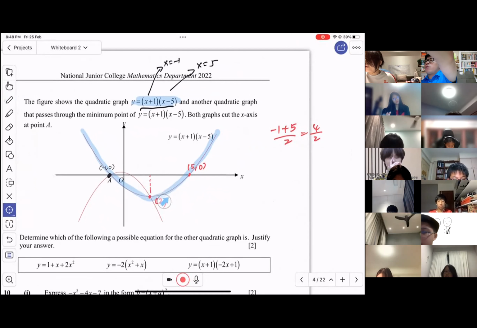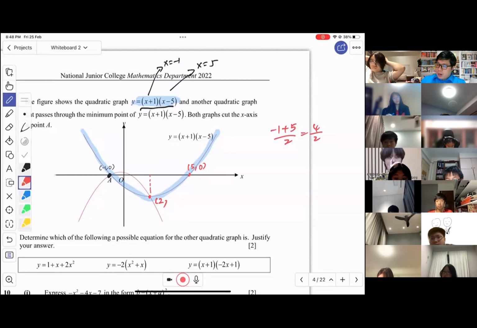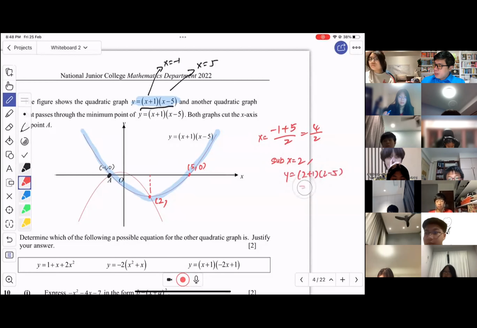How do I find the y coordinate? I simply take my x and substitute it into the equation x plus 1, x minus 5. If I sub x equals 2, y equals 2 plus 1, 2 minus 5, that is 3 times negative 2, negative 6.